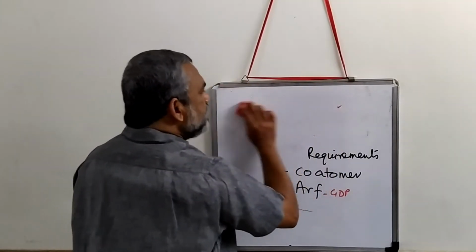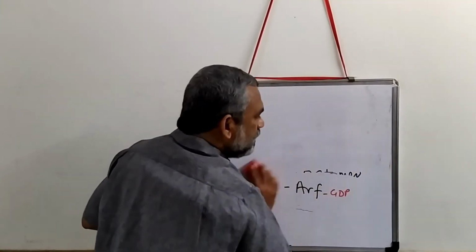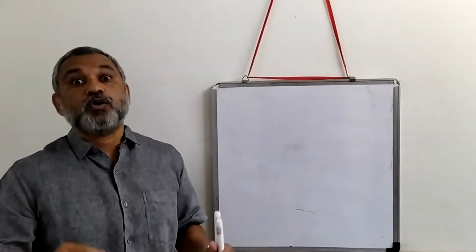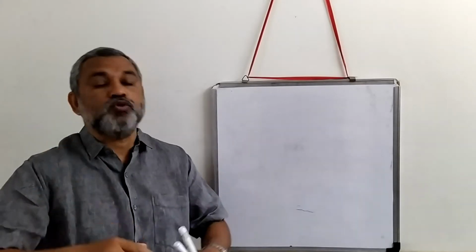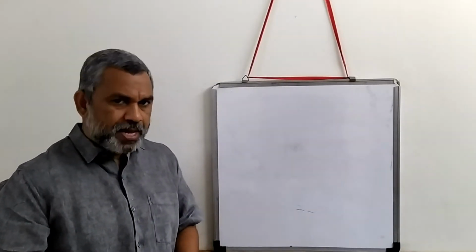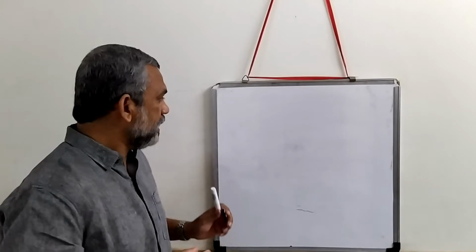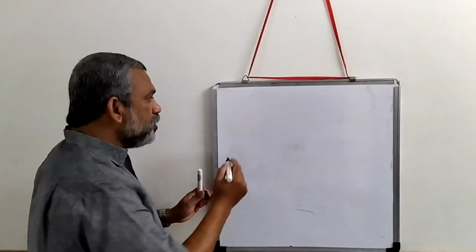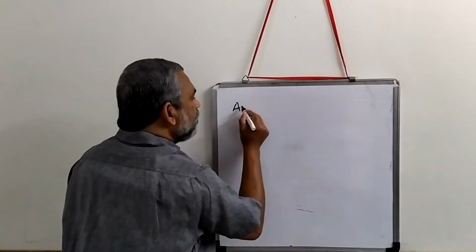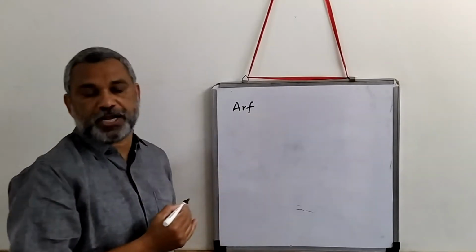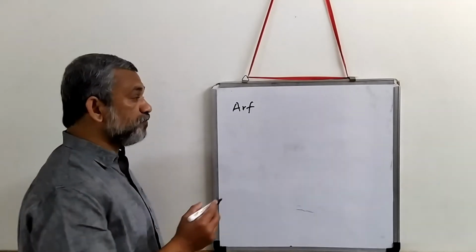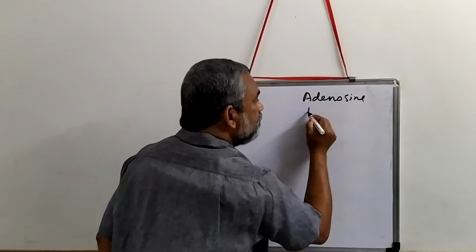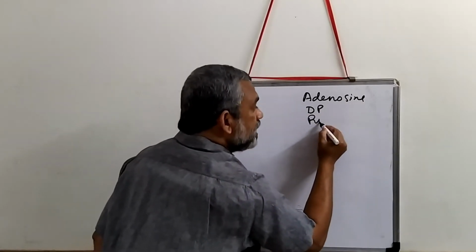The process begins very similar to the mechanism we have explored in COP2 mediated vesicle formation. The first step is to form the vesicle. In order to form the vesicle, you have the ARF protein. ARF stands for ADP ribosylation factor.